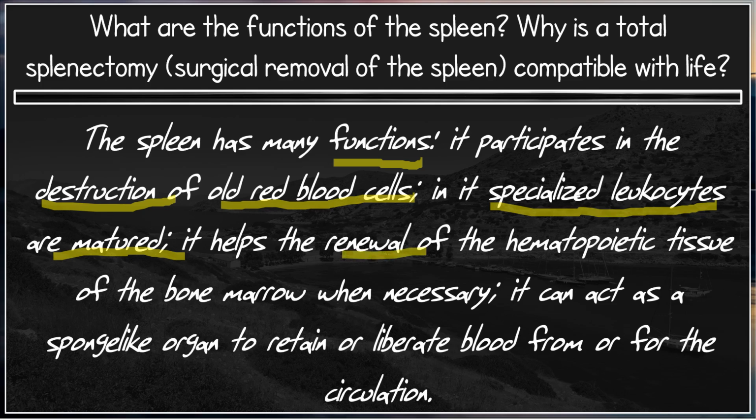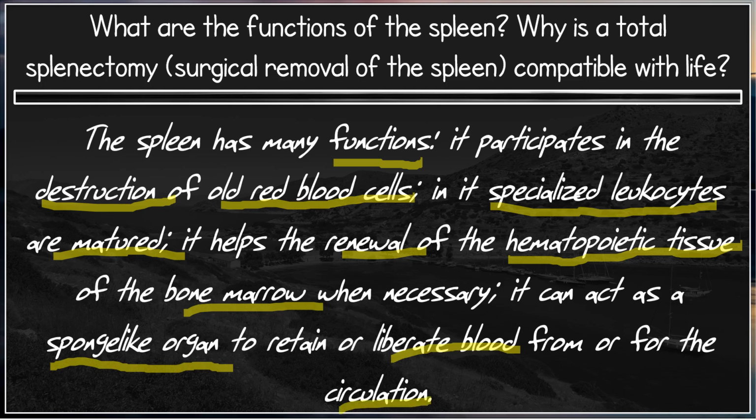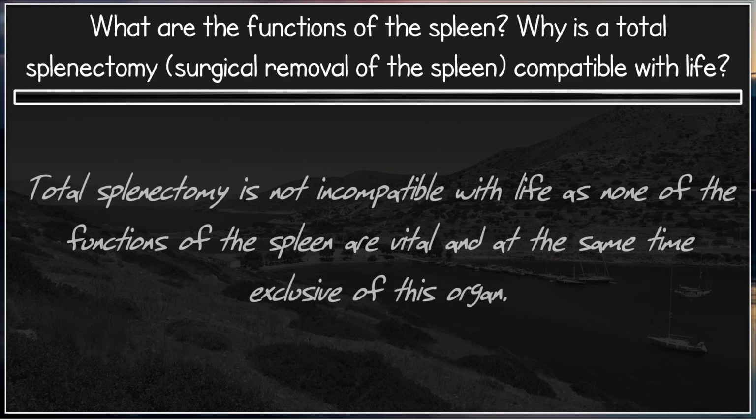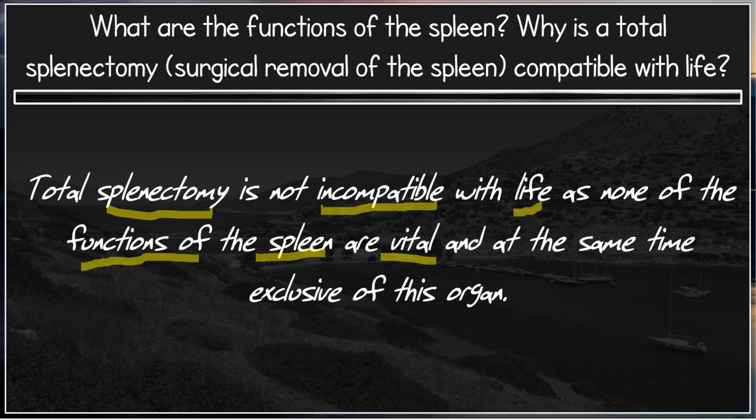It helps in the renewal of the hematopoietic tissues of the bone marrow when necessary. It can act as a sponge-like organ to retain or liberate blood from or for the circulation. Total splenectomy is not incompatible with life, as none of the functions of the spleen are vital and at the same time exclusive of this organ.